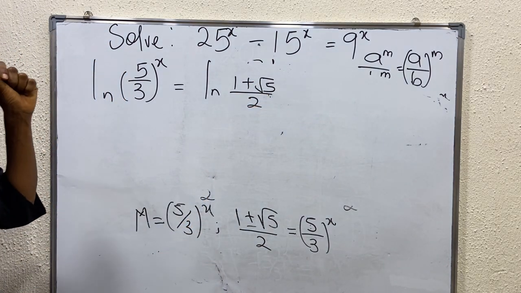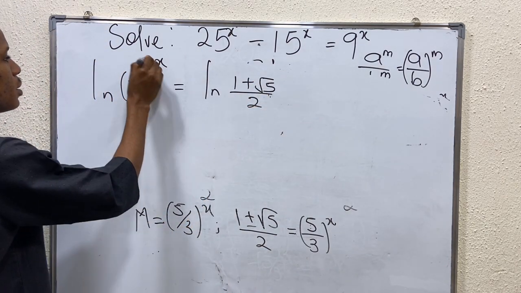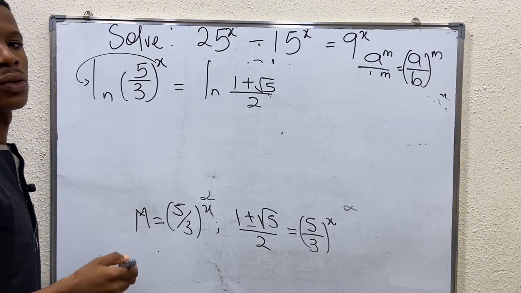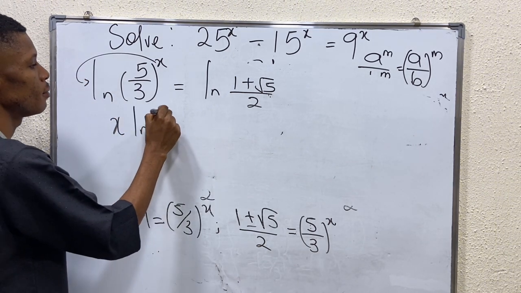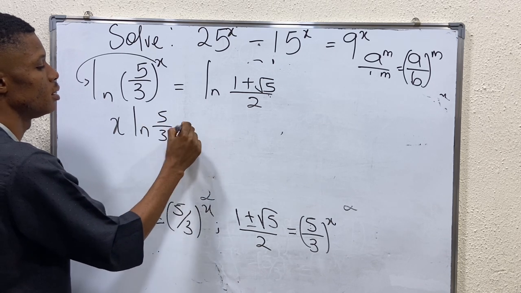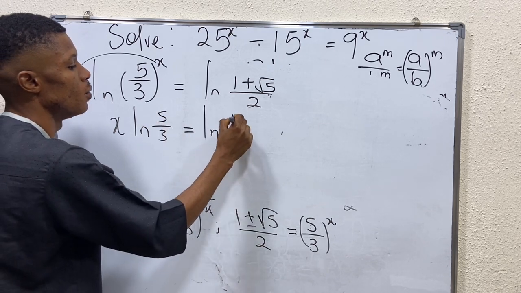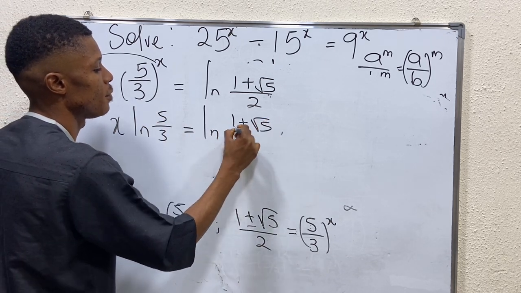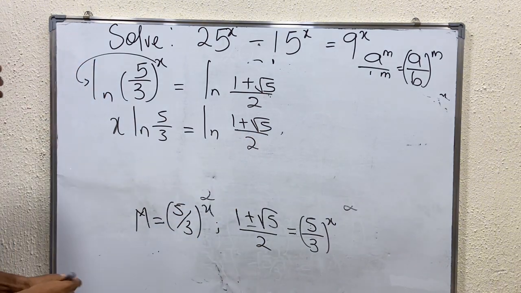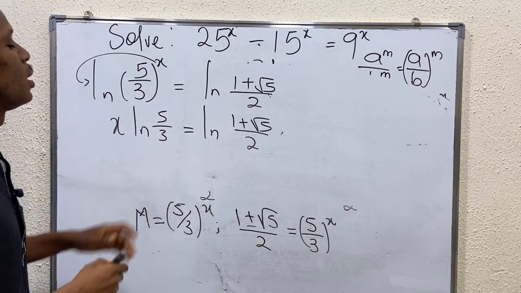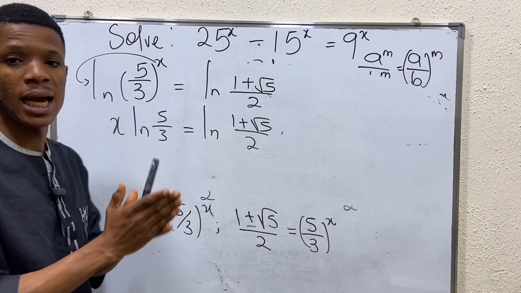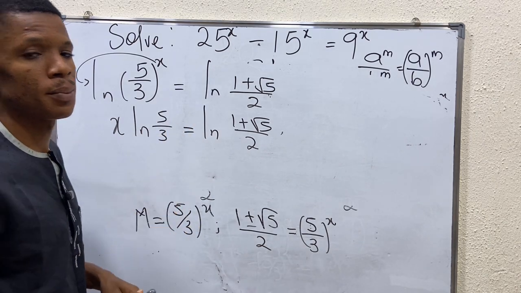And this logarithm will now allow us to multiply the variable x by the log. So we have it that x ln 5 over 3 is equal to ln of 1 plus root 5 over 2.